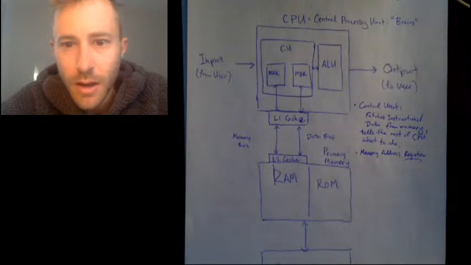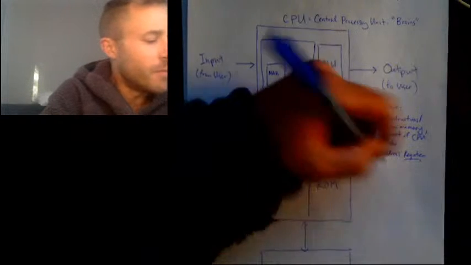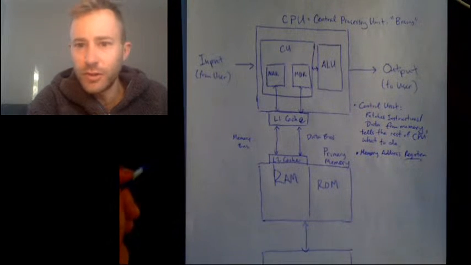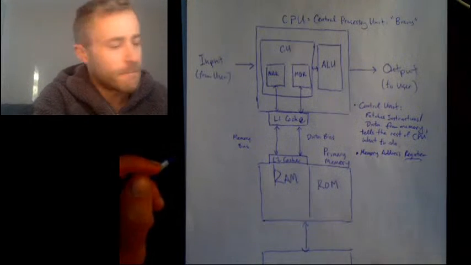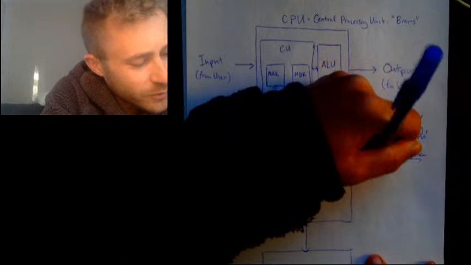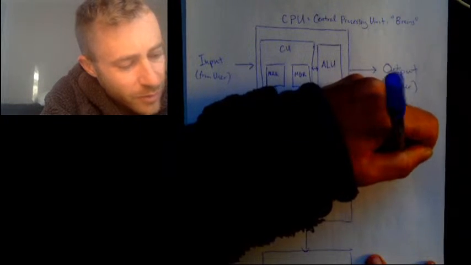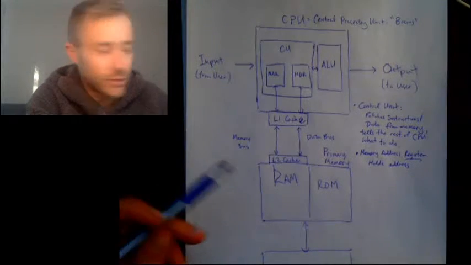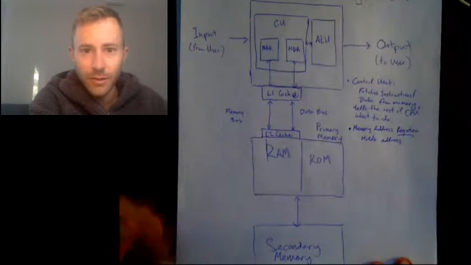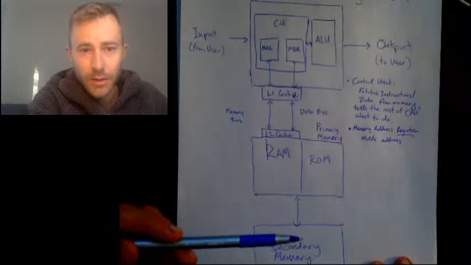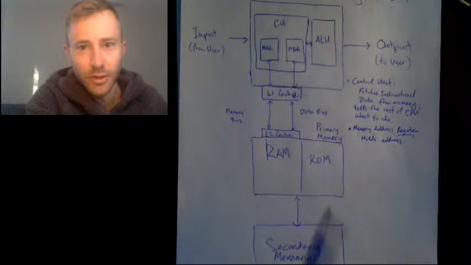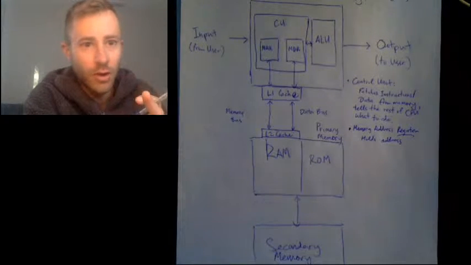The memory address register holds the addresses. When I say the address, I mean the location in memory, because the memory just has a bunch of ones and zeros, so you have to know where to look.